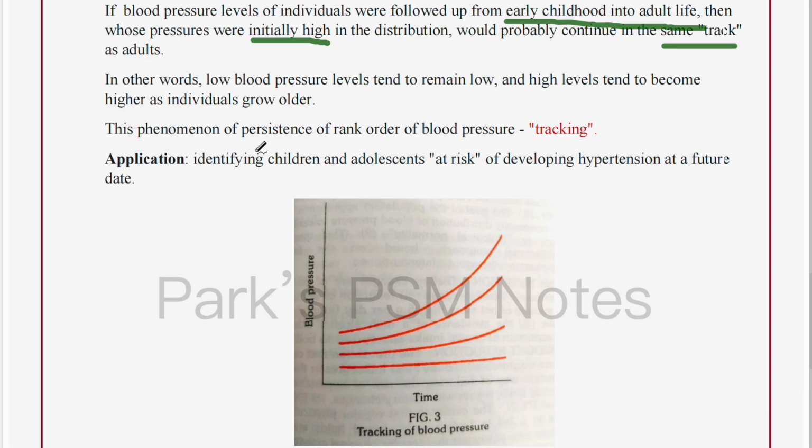This phenomenon of persistence of rank order of blood pressure is called tracking. Hope you understood. The application of this knowledge helps in identifying children and adolescents at risk of developing hypertension at a future date.